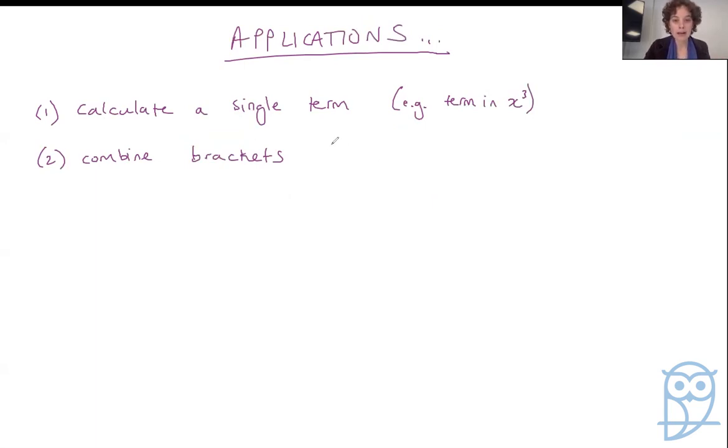For combining brackets, here we would have things like x plus 1, x plus 1 over x to the power 14, and I would want the term in x cubed from that multiplication. Okay, so it's getting more complicated, but it's the same logic thought process that you're going to work with.